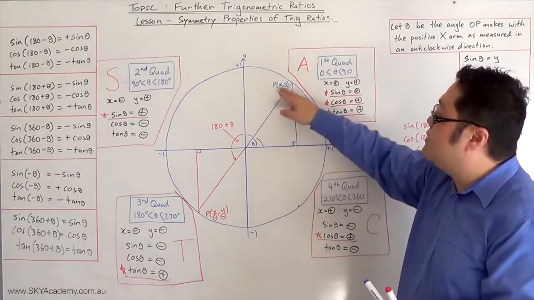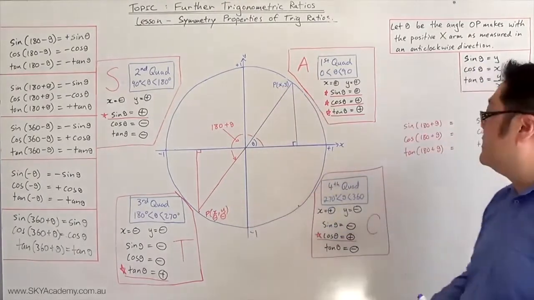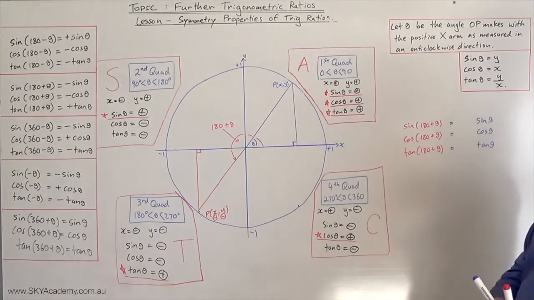Because these numeric values are exactly the same, they're equal apart from any sign changes.